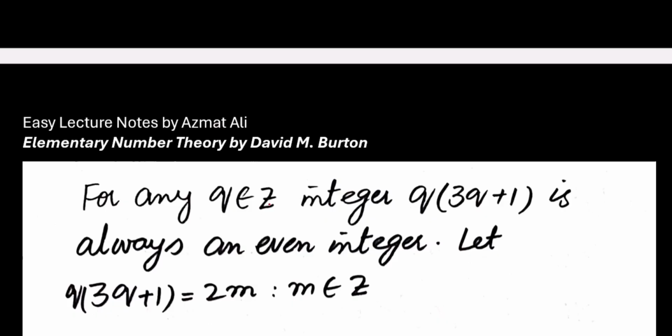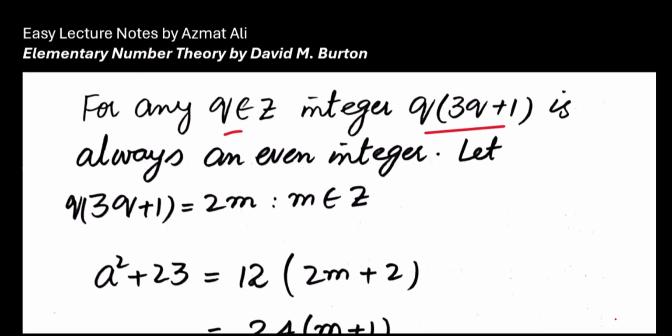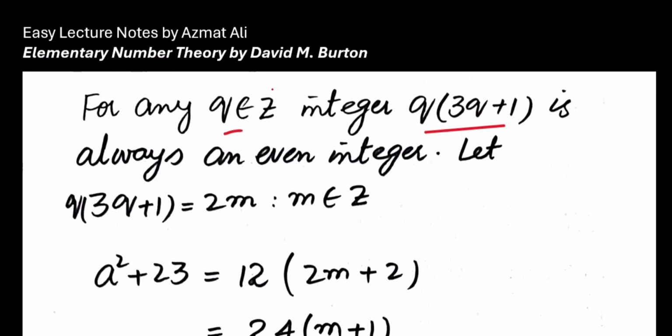For any integer q, although these two numbers are not consecutive integers, the number q into 3q plus 1 is always an even integer. How is this possible? You know, if q is an integer, then it will be either even or odd.